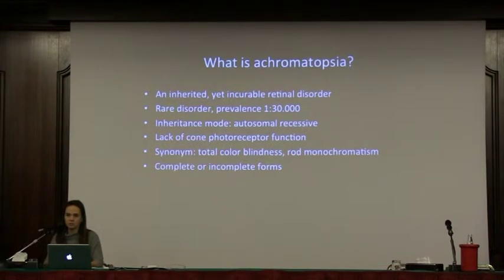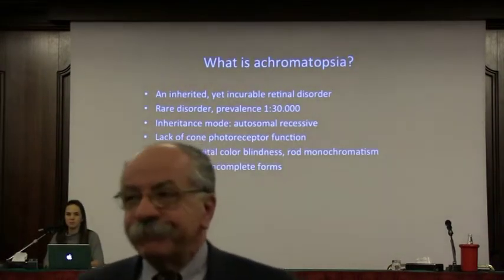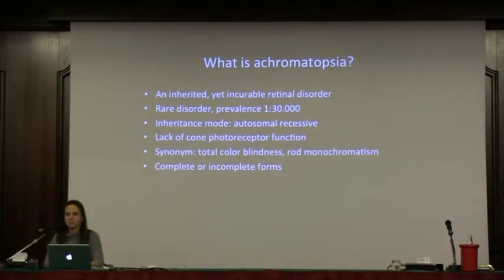I know that some of you in the previous years might have heard that cones are not really existing in the retina, but this is actually not true. It's only the lack of cone photoreceptor function which causes symptoms.